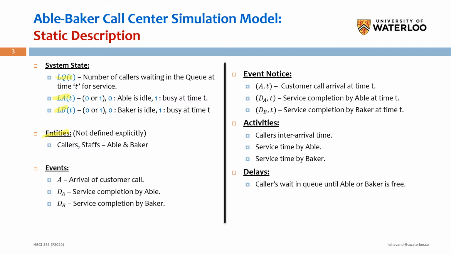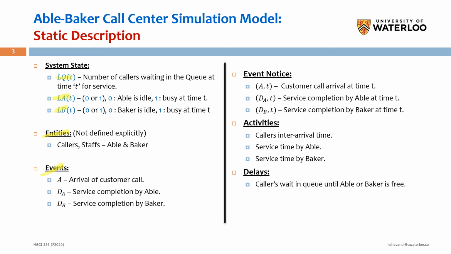Okay, and for the events, here we have 3. Since we are going to assume that this simulation will be run for 100 new calls, we don't have an event here for end of simulation.